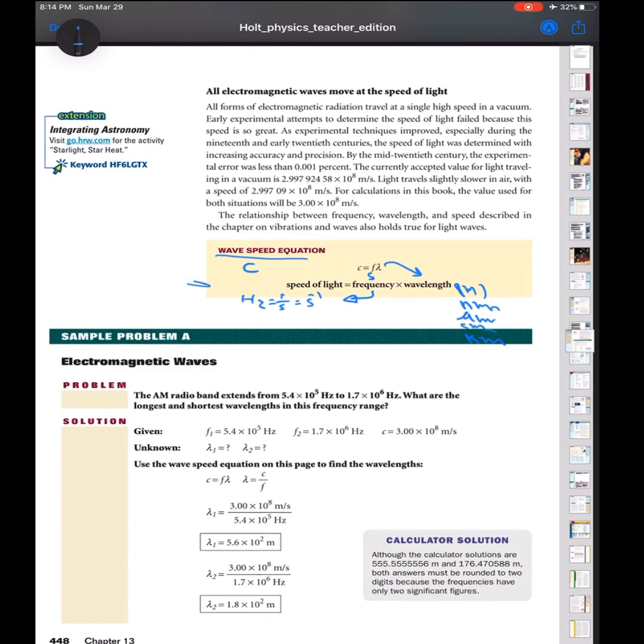We might also have megahertz and gigahertz, so we will have prefixes in front of it, and we will change them to the basic one, to the hertz or to the meter.